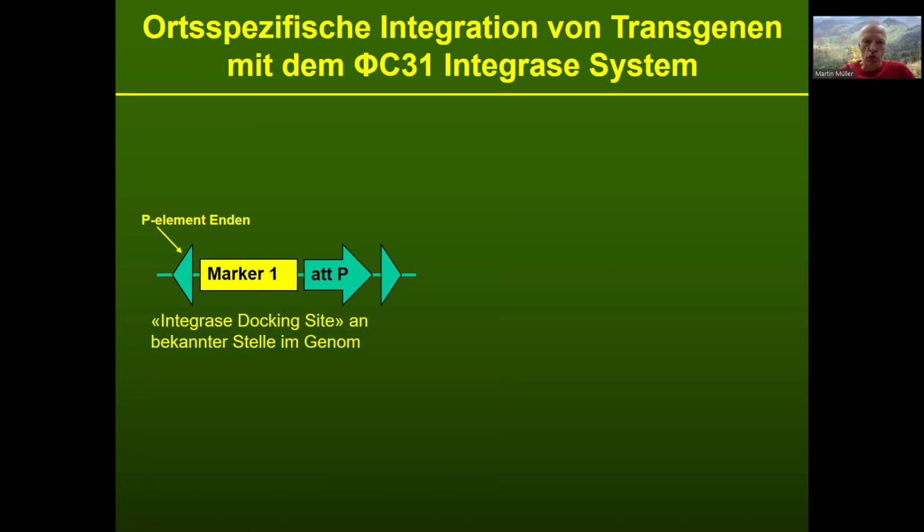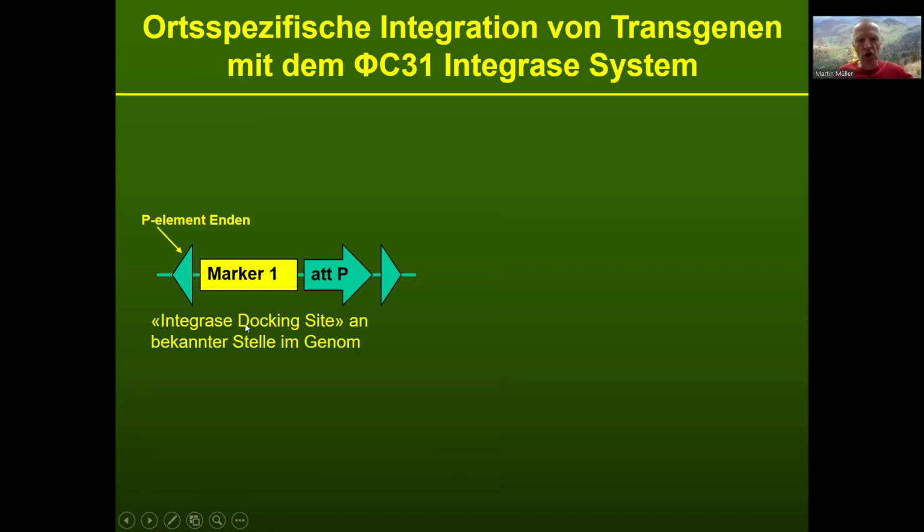If you want to go in that direction, you first make a P-element transgene here, with the P-element ends and the marker, and in the cloning site, you have introduced an attP site.